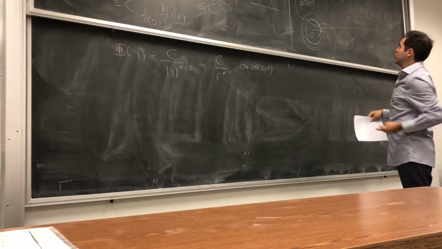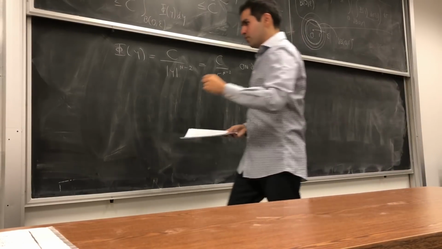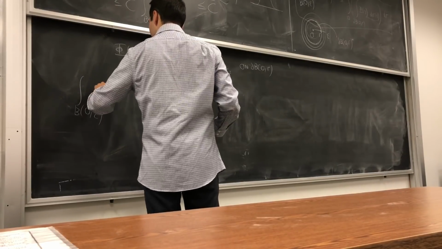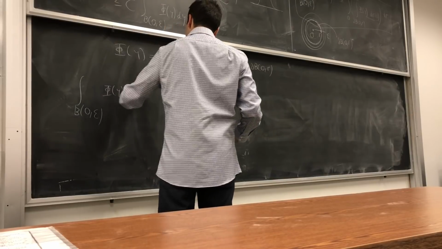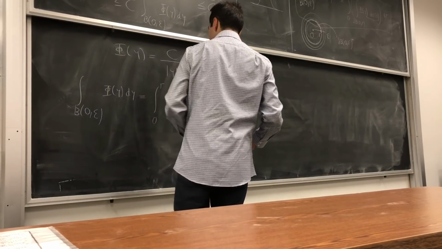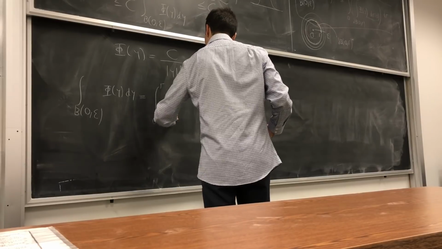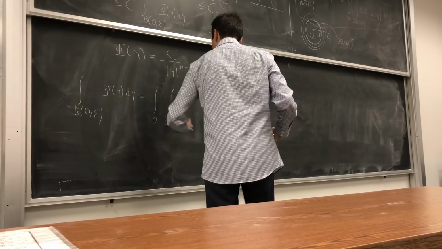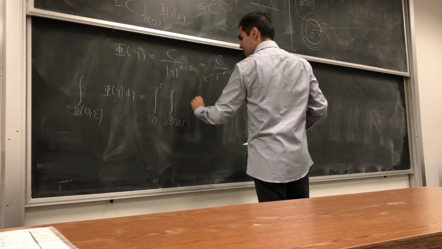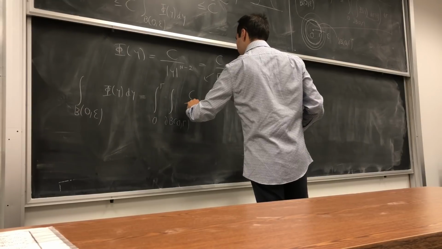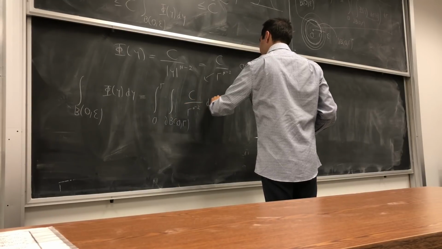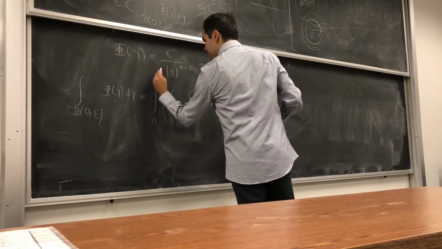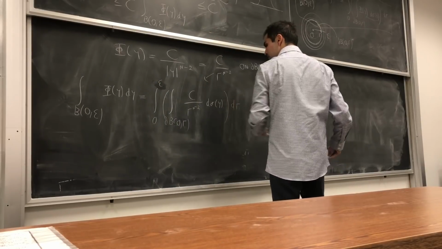But now, if we want to use the polar coordinates formula, we do get that the integral over the ball of phi of y dy then becomes the integral from 0 to epsilon, integral over the sphere of radius r of this function, which is c over r to the n minus 2, d sigma y, dr.